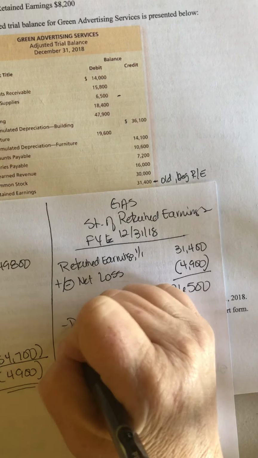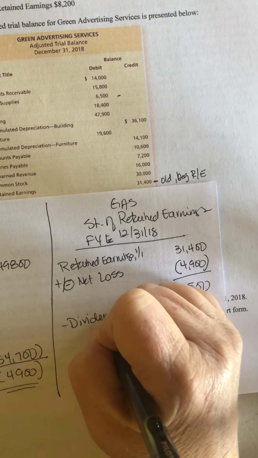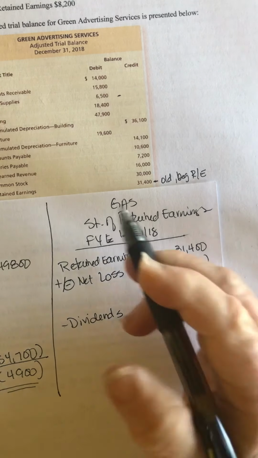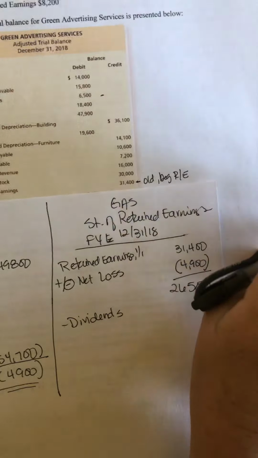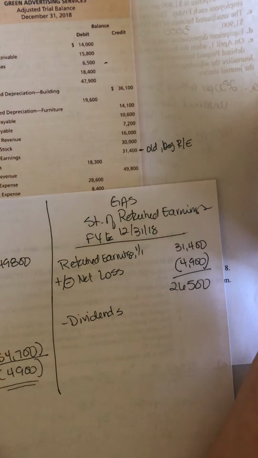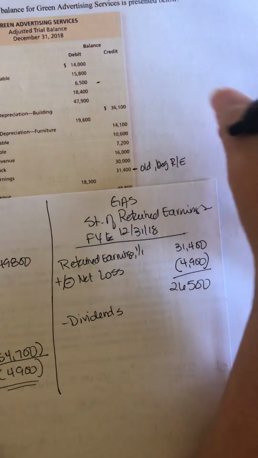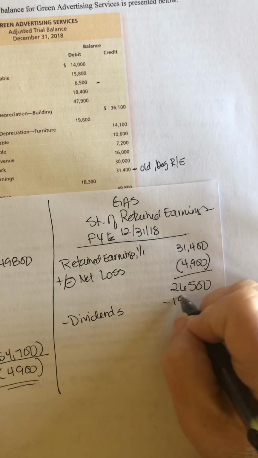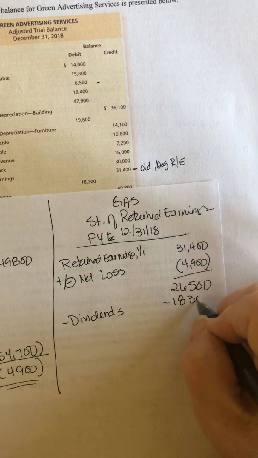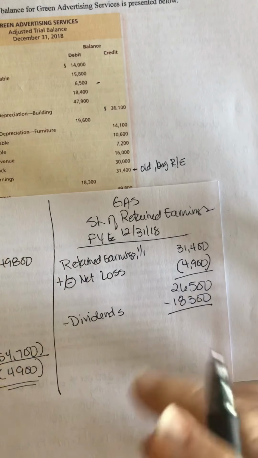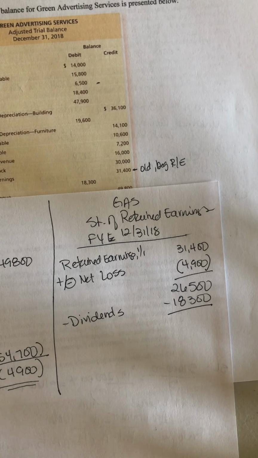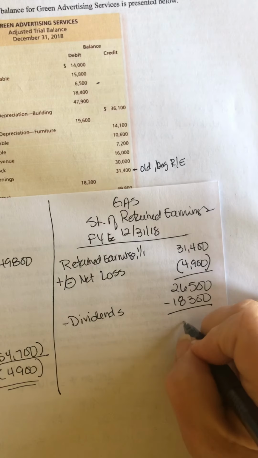Then I subtract dividends. You could do net loss and dividends and just subtract them at once. That would be fine. Their dividends are $18,300. For not making any money, they paid themselves a pretty good dividend. It's $8,200.